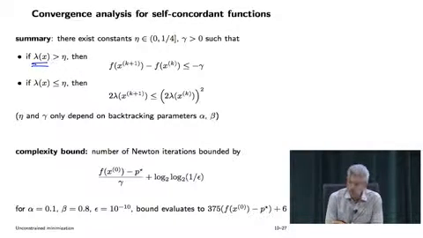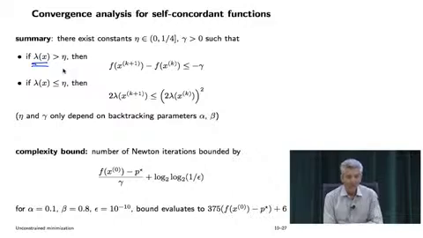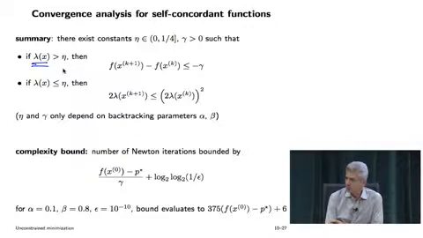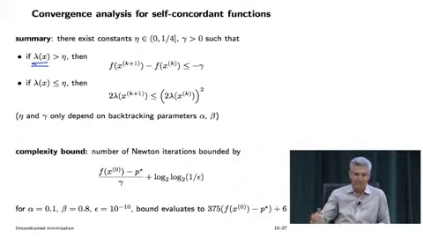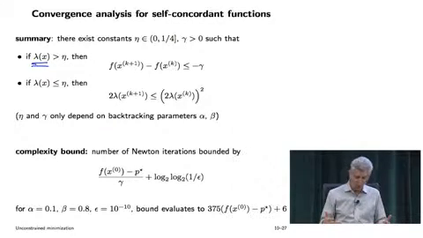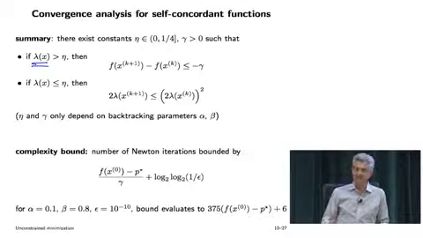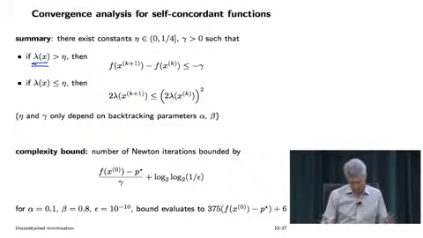And it says the following: if it's bigger than some number, and you can get super explicit about the number, it depends only on the backtracking parameters. If you tell me whatever alpha and beta in your backtracking, I can tell you what eta is, and it'd be like 0.16. You even see papers where things hold if this is less than 0.16, and you wonder where that came from.